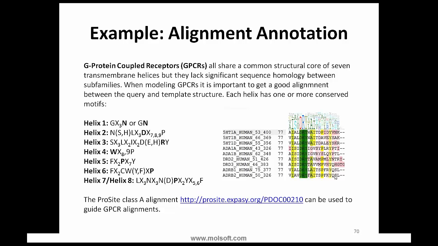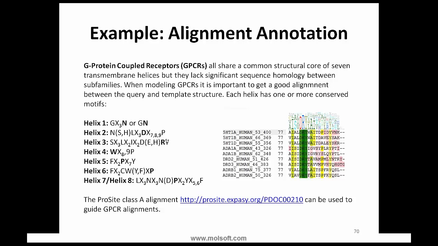The second example is setting us up for the webinar in 2 weeks' time, which is on modeling. A challenging set of structures for modeling are the G protein coupled receptors, and obviously they're major drug targets, so it's a useful example. They all share a common 7 transmembrane helical region, but they lack significant sequence homology between the subfamilies. To model these, you need to rely on key motifs in each helix which are conserved.